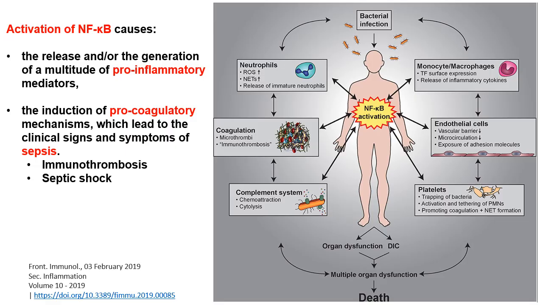Everybody's cool with that? All right, so what happens after you activate NF-kappa B? This is a very, very potent inflammatory process that needs to be controlled. If you activate too much of it, you can actually die from the consequences of too much activation.